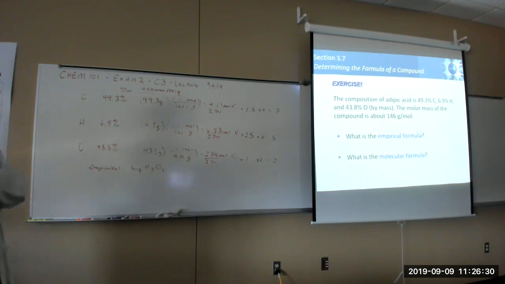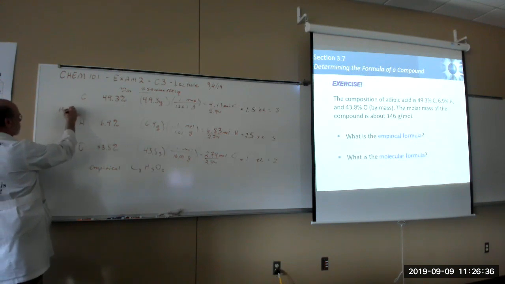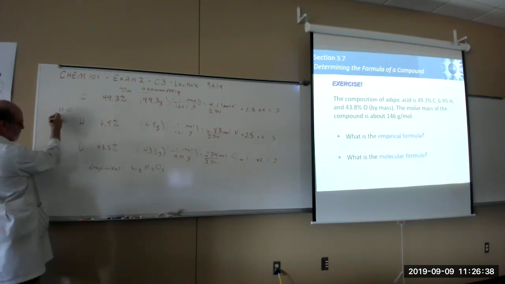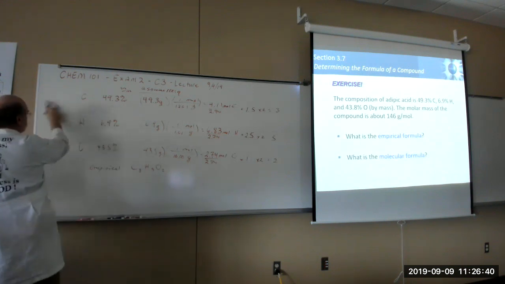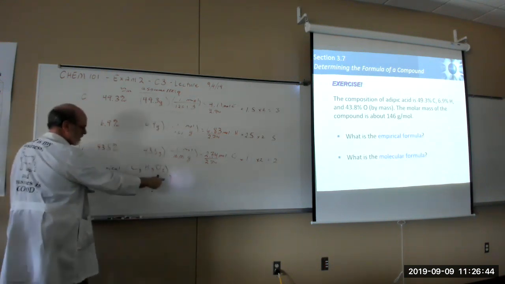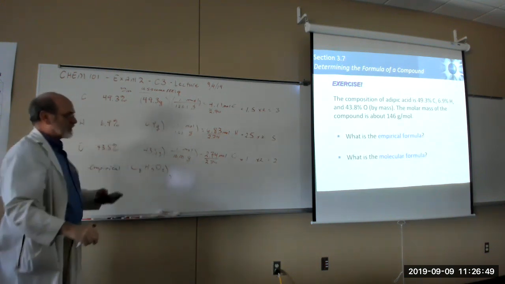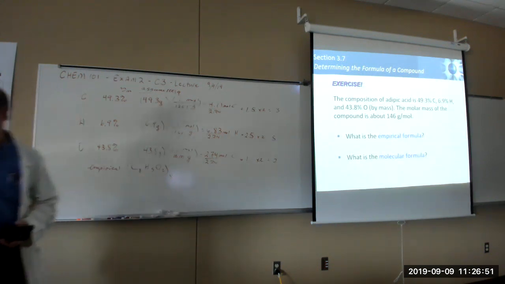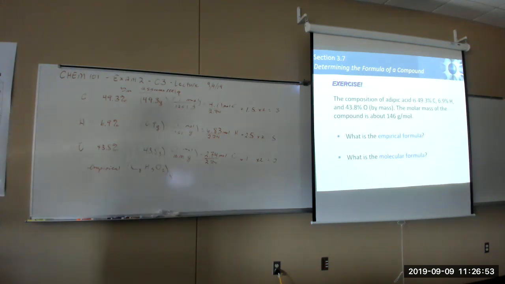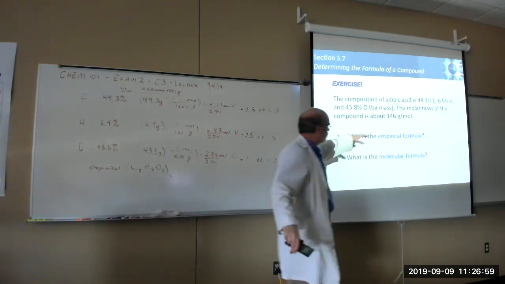Now, how do we go from there to the molecular formula? Well, we want carbon, hydrogen, oxygen. We want a multiplier here, propagated through, that will give us this value.